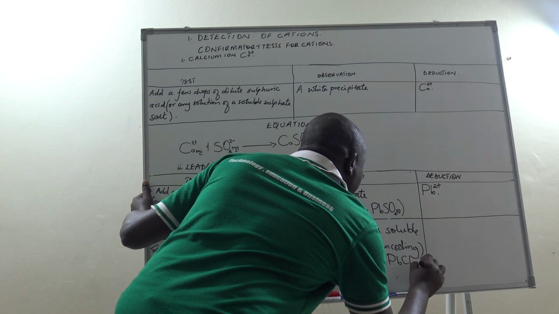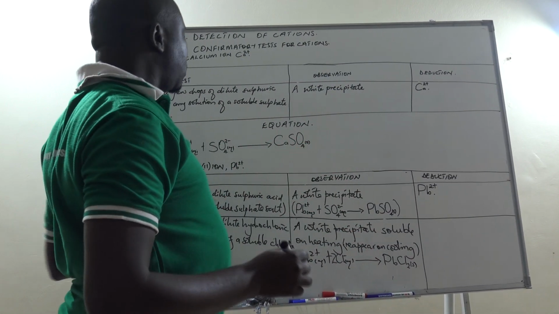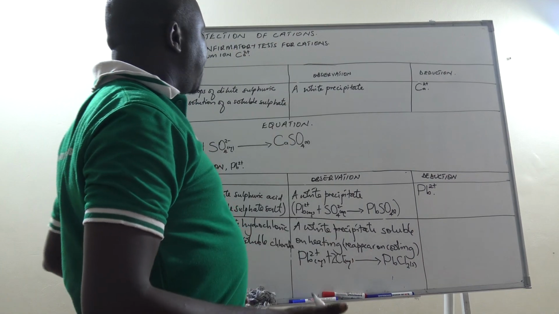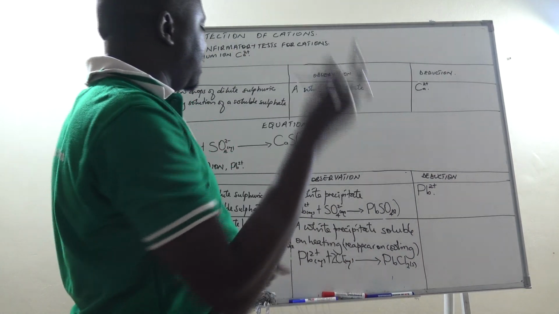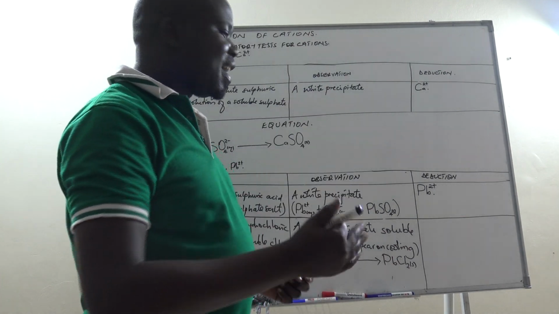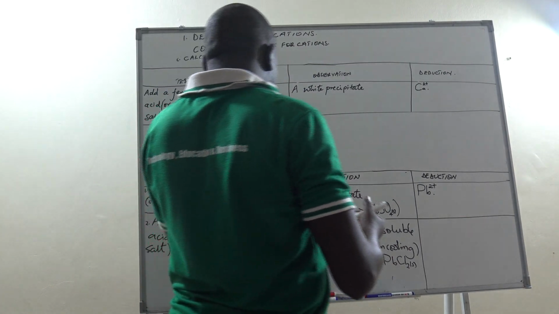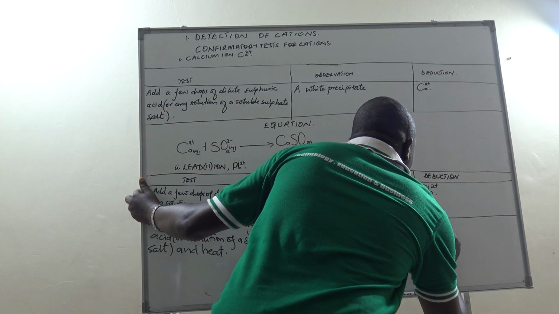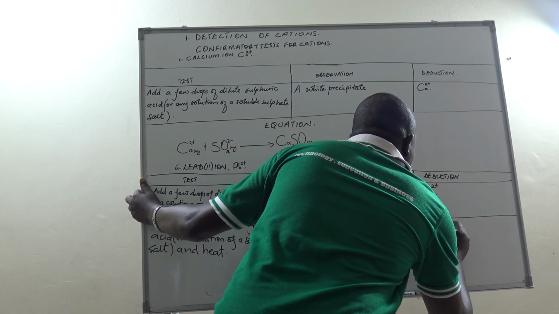This lead 2 chloride will be precipitated, but it is soluble on heating, and when it cools down, the precipitate reappears. That means it has a high solubility at a high temperature and a low solubility at a low temperature. So still this means that we have lead 2 ion here.